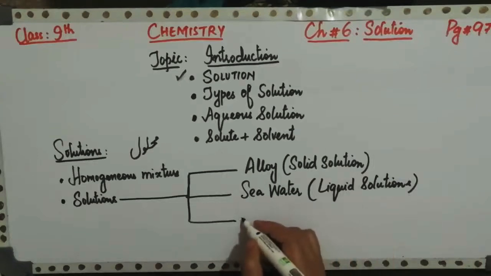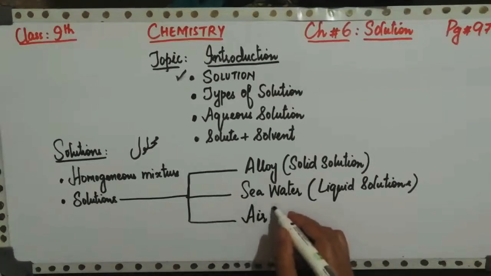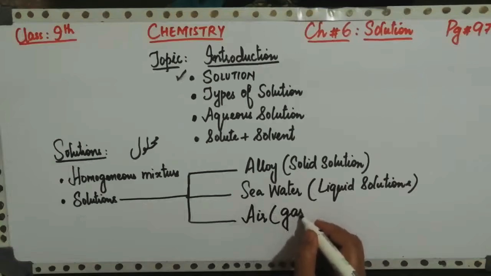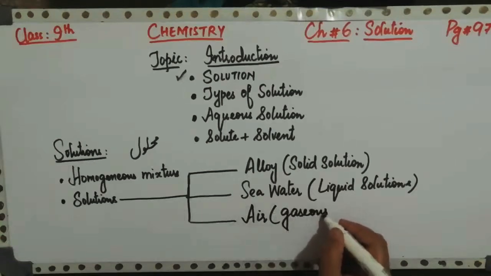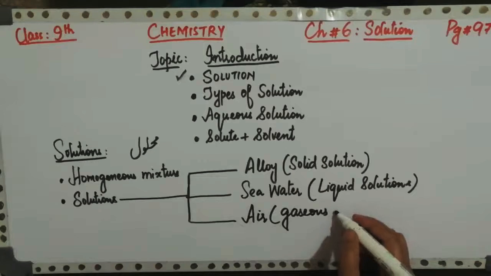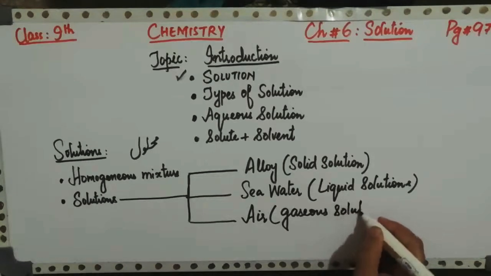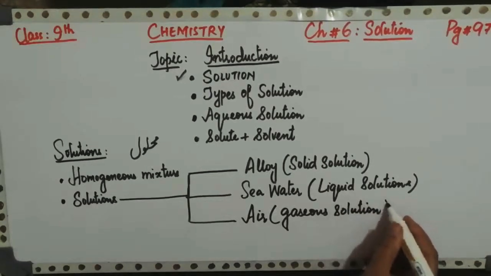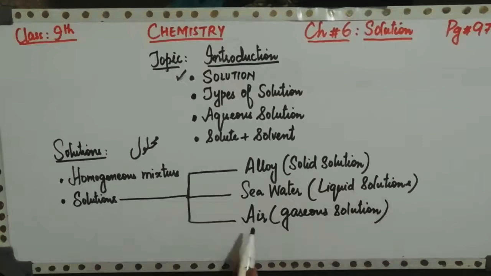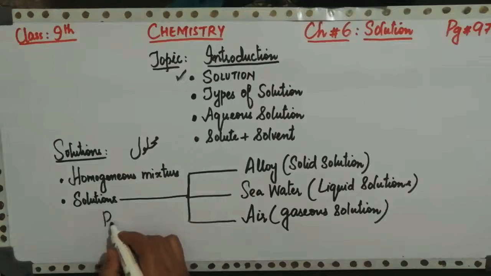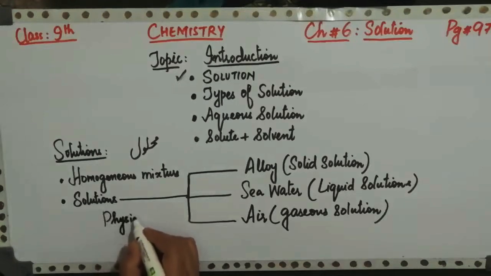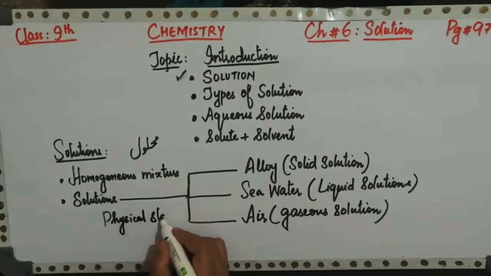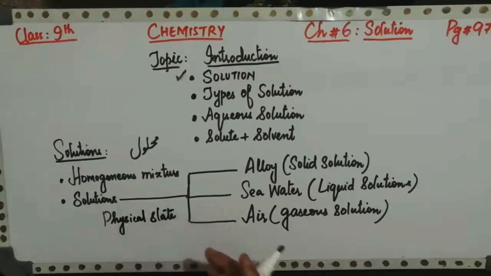Now the third one, air, which is a gaseous solution. Why is it called gaseous? Because air is a mixture of different gases. That's why it is called a gaseous solution. Clear? So these are 3 different types of solution with respect to their physical state of matter.